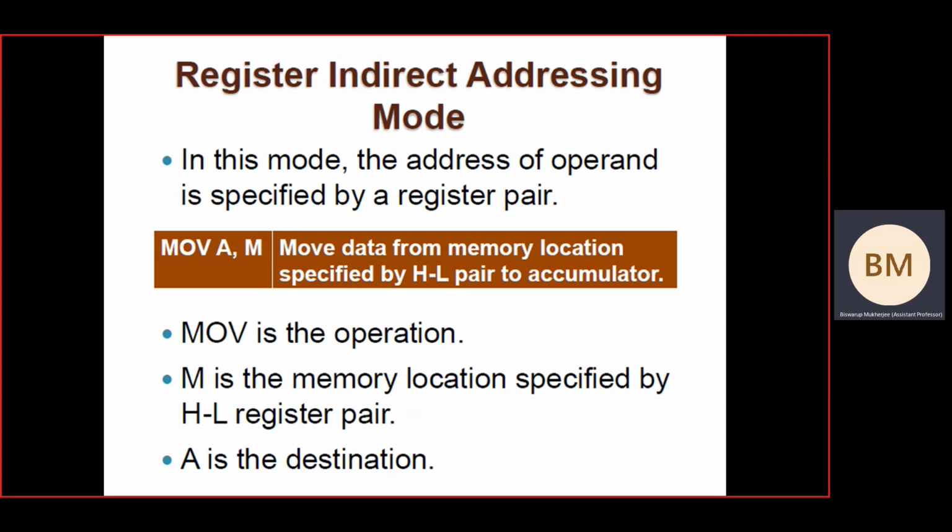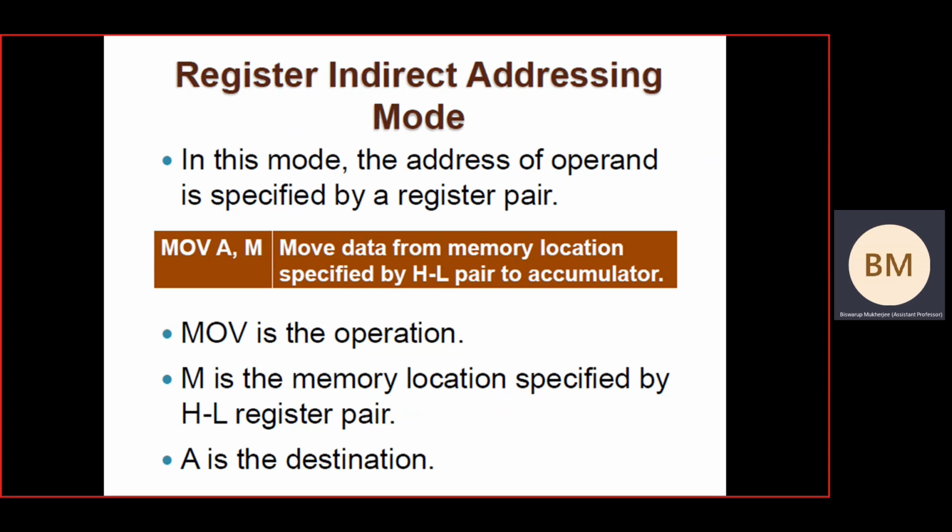Make sure that this time we are having one register pair, likely the HL pair. On that pair, 8-bit plus 8-bit, total 16-bit information can be stored. Now that 16-bit information is nothing but locating one particular address.